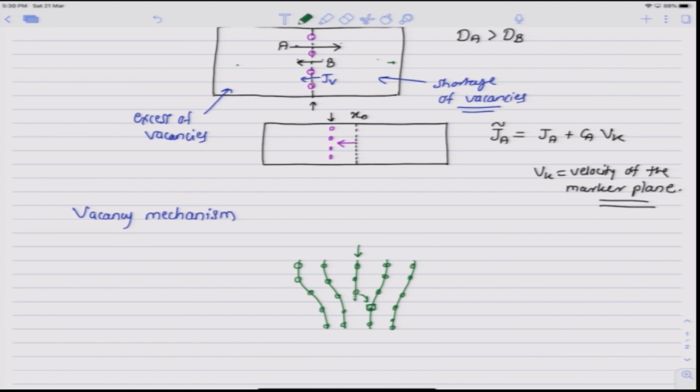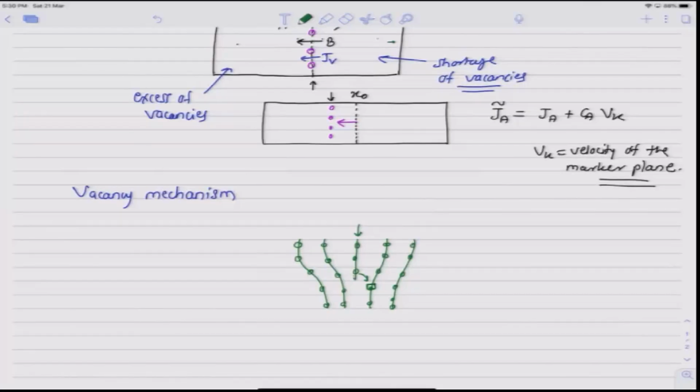Now we know whenever a vacancy is created, there will be one lattice site added to the lattice, and whenever a vacancy is annihilated, there will be reduction of one lattice site. And so when we are considering the intrinsic diffusion, there will be an imbalance of the fluxes of A and B, and so typically JA plus JB will not be equal to 0. In case of interdiffusion, we know sigma Ji tilde equal to 0.